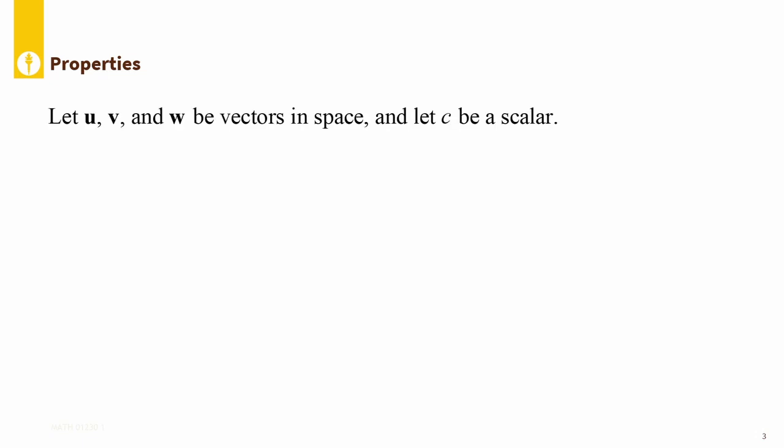Properties of the cross product. It's no longer commutative. We say it's anti-commutative. U cross V is negative V cross U. Now, notice that that's not going to change the magnitude.